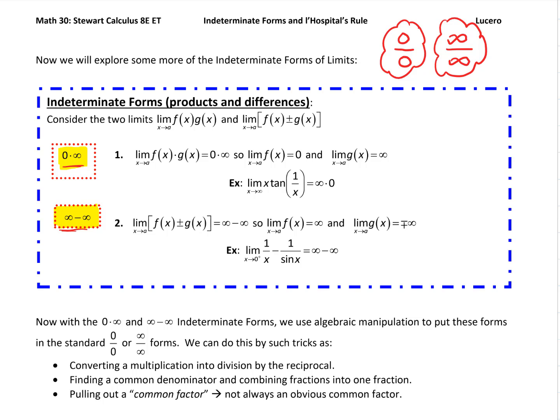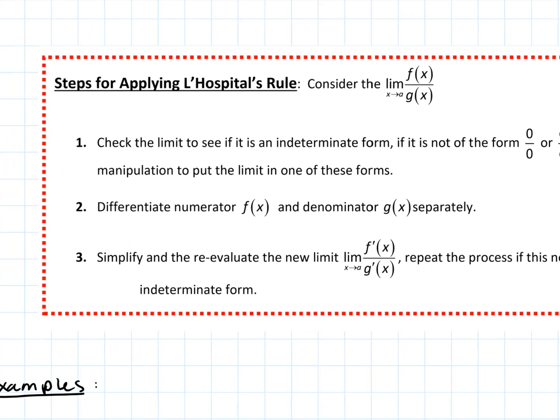So if we have one of the other indeterminate forms, the two that we're looking at here, and we'll have a few more that we'll add as well, what we do is we get these forms into a form that looks like that so that we can apply L'Hopital's rule. So that's the goal, and we're going to show that with some examples.